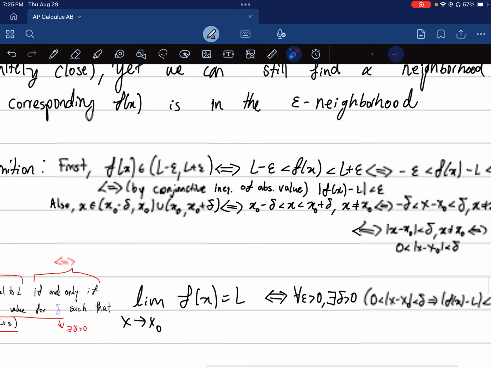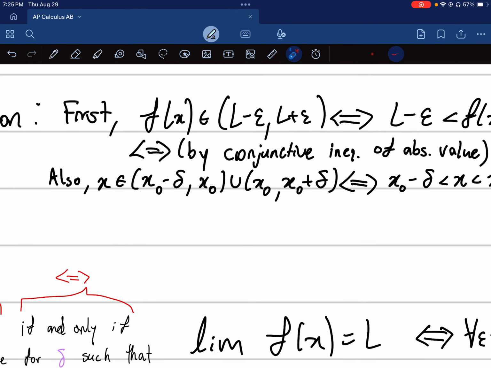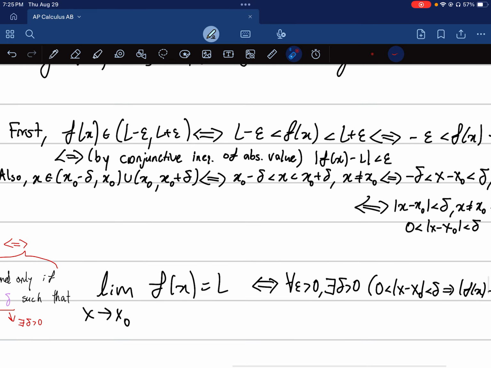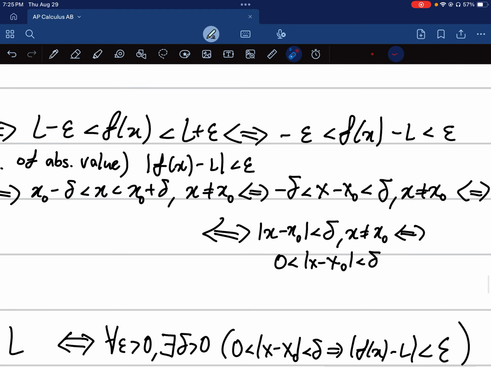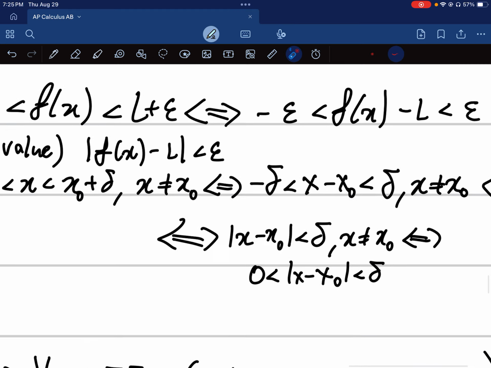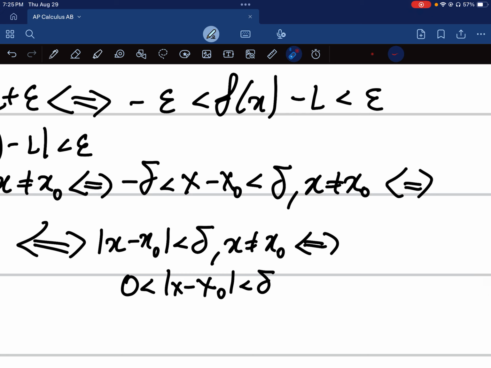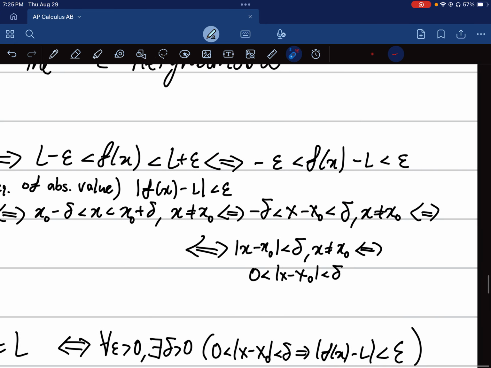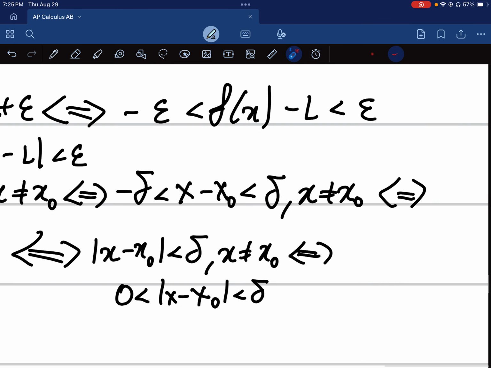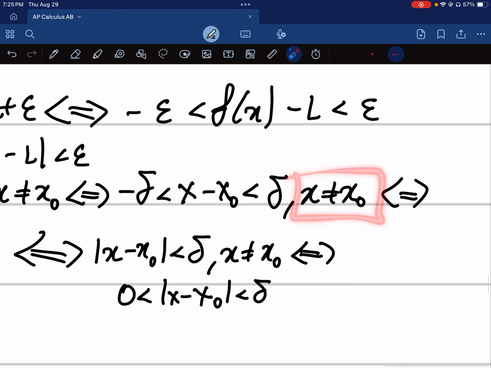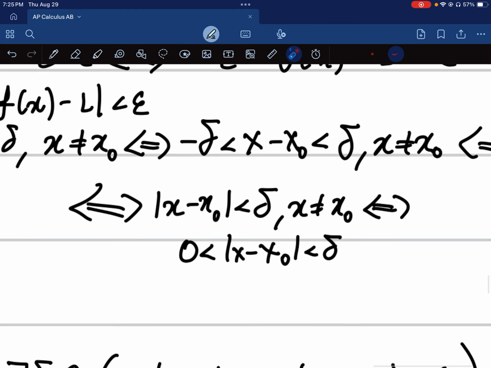So x belonging to the delta neighborhood right here implies this inequality where x is not equal to x naught, very important. If and only if negative delta is less than x minus x naught less than delta, we'll subtract x naught from all sides. Remember, taking into account x is not equal to x naught, it's excluded from the interval.